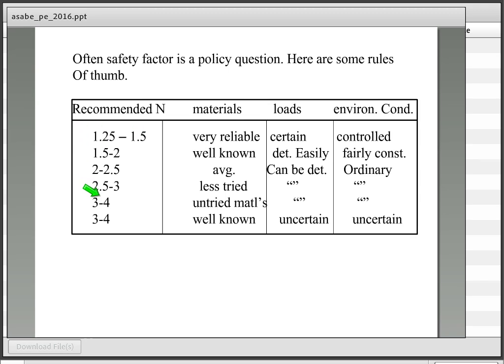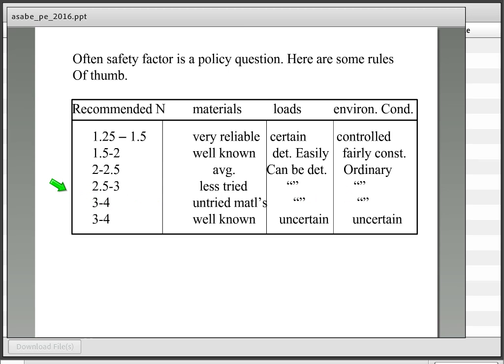But certainly in the case of agricultural machines, oftentimes we may know the material properties, but we may have some uncertainty about how this thing is going to be used or what the range of loads might be. And also there might be uncertainty associated with the environment in which it's going to be operating. Certainly a great range of temperatures and possibly corrosive environments over time and that sort of thing, which would cause us to use higher factors of safety, maybe up to 3 or 4.